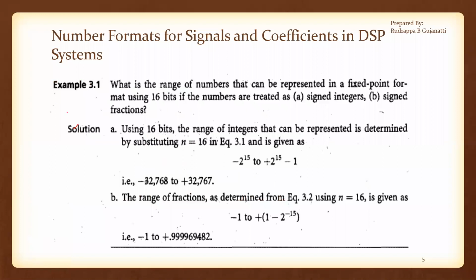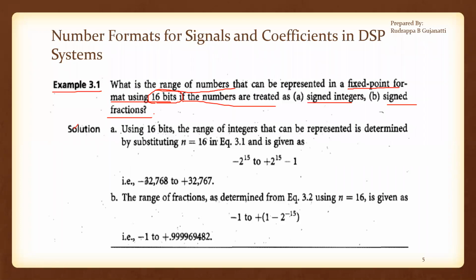Now there is one problem we can discuss in this case. What they are asking is what is the range of the numbers that can be represented for the fixed point format using 16 bits, if the numbers are treated as signed integers and signed fractions.